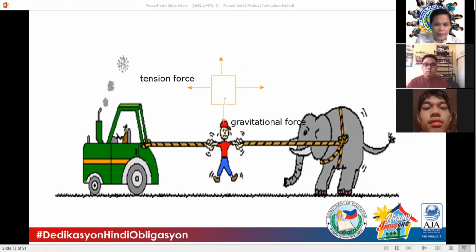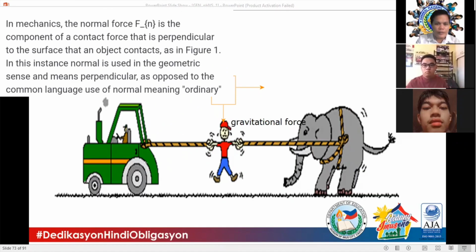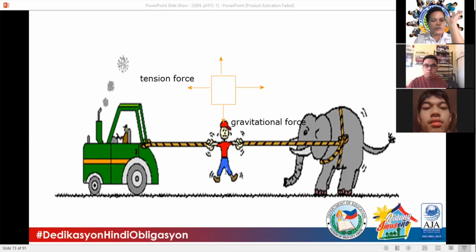And ito naman, di ba, nakaapak siya sa ground. Ang sabi ni third law of motion, in every action, there's always an opposite reaction. Pag nakaupo ka dyan sa upuan mo, di ba, pinupush ni upuan yung weight mo.